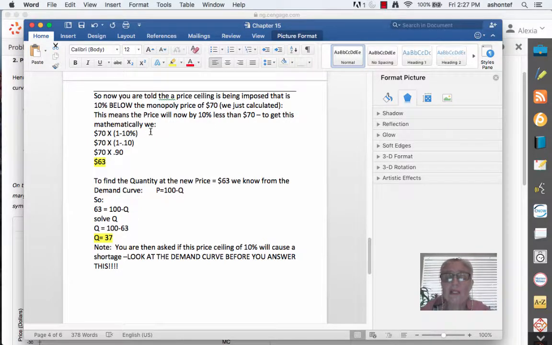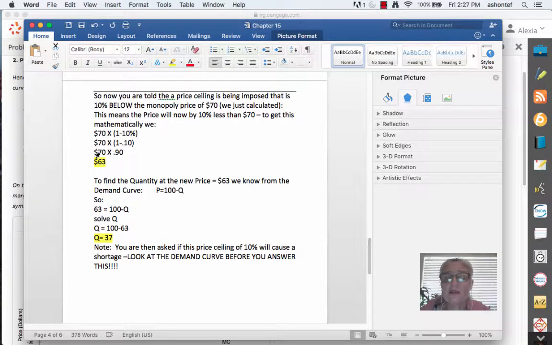Mathematically, in order to figure out what the new price would be, it's just a mathematical trick that you do. It's 10% less than 70. So you take your $70 and you times it by 1 minus the 10%, or $70 times 0.90.